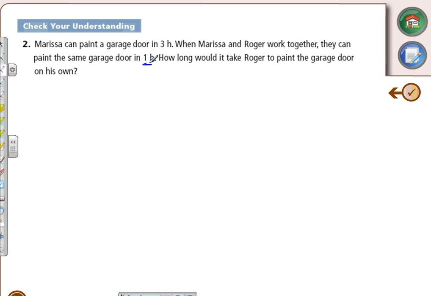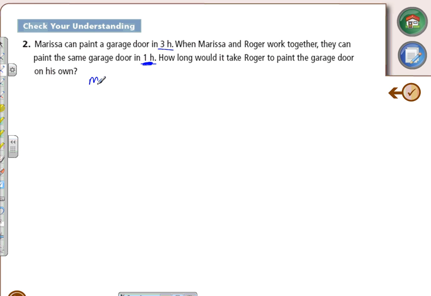So if she can do it in 3 hours, what fraction of the door is she able to paint in that 1 hour? Well, it's going to be 1/3. Because if it takes her 3 hours, she's going to be able to paint 1/3 of it in 1 hour.